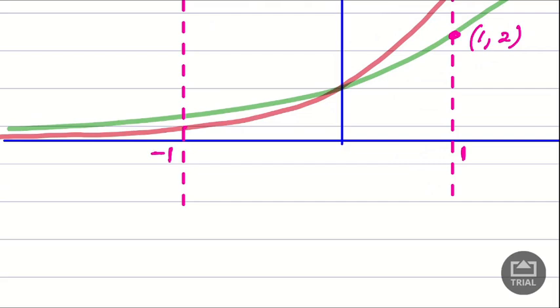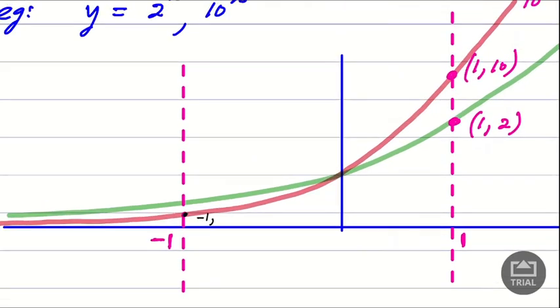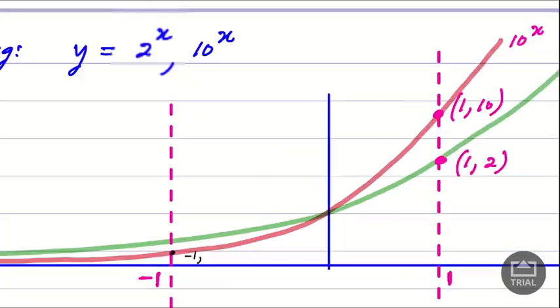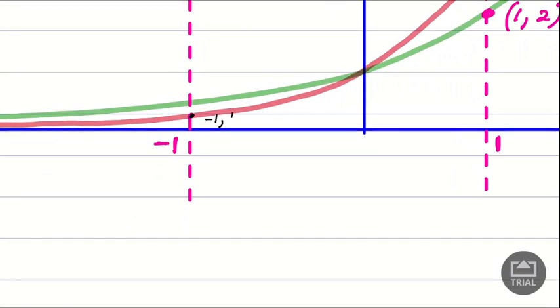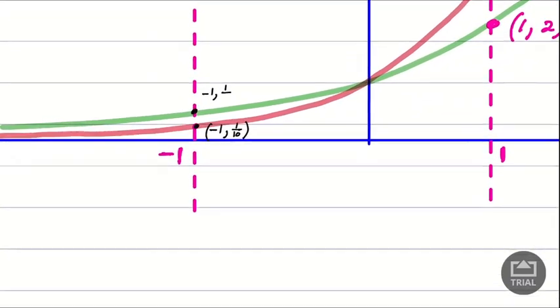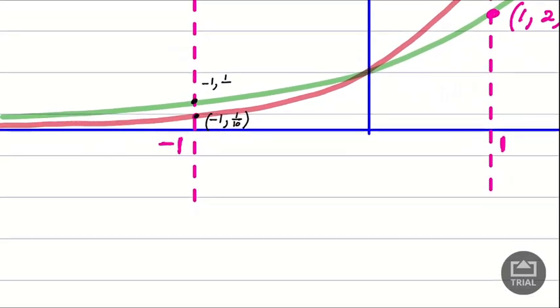So this point would be minus 1, and that's 10 to the power x, so that should be 10 to the power minus 1, which is 1 divided by 10. What about this coordinate? This coordinate is minus 1, and 1 divided by 2 to the power x, where x is minus 1, so 1 divided by 2.